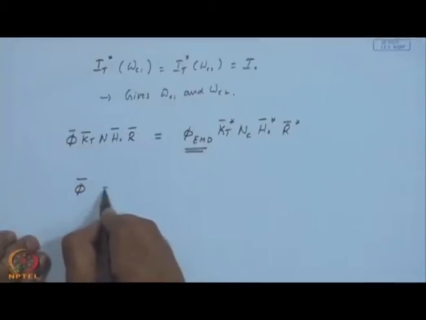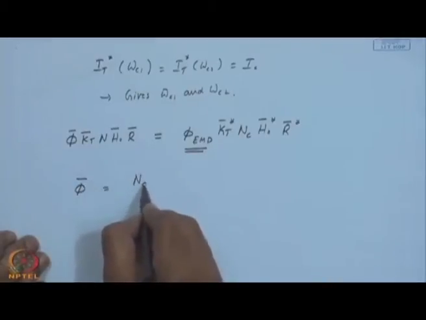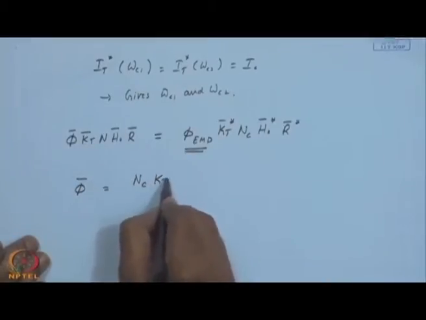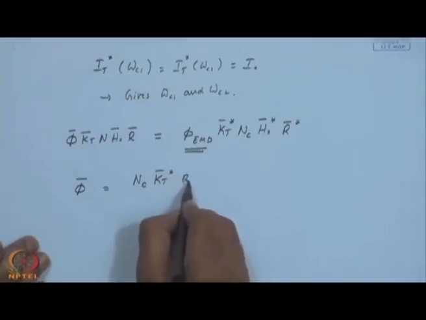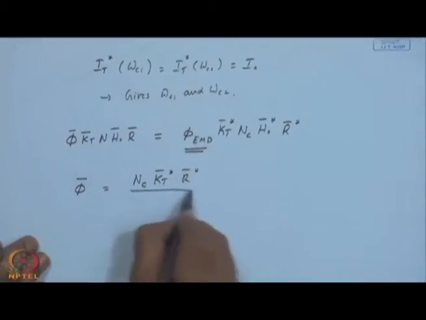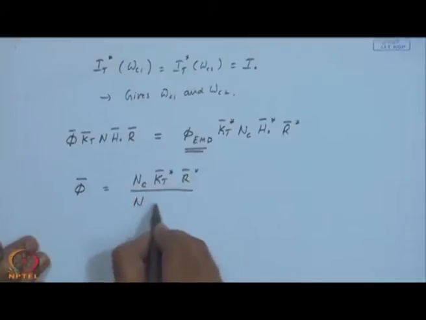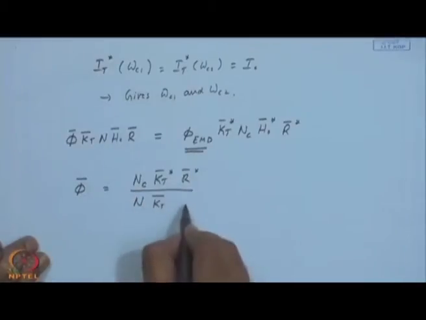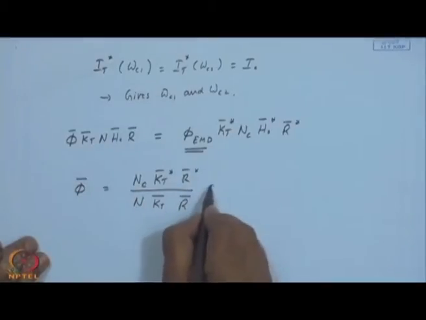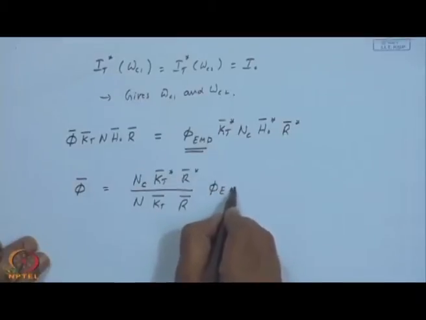So, from this you can solve: phi bar is NC kT bar star R bar star upon N kT bar R bar into phi EMD.